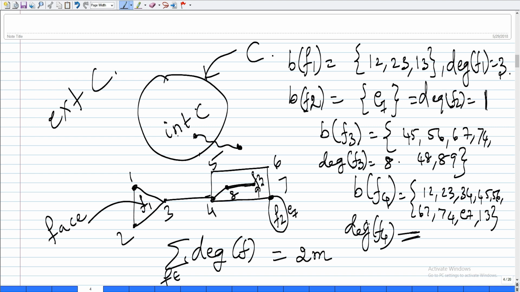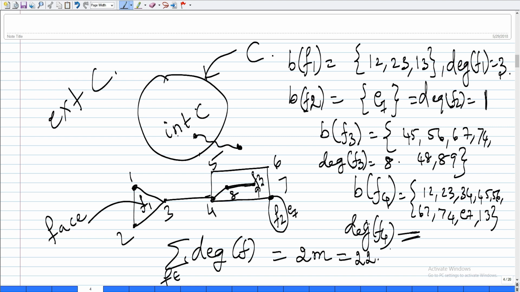Only cut edges we count twice, because a cut edge contributes from either side of the edge. So, 3, 4, 5, 6, 7, 8, 9, 10. So, this should be 22, right. 4, 5, 6, 7, yeah 22, 2m, right.